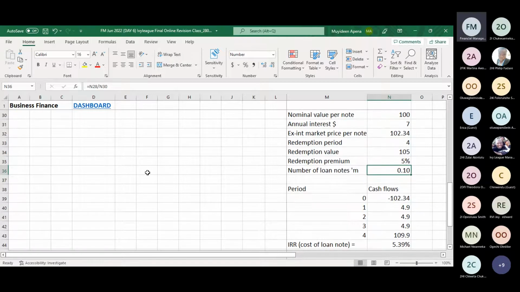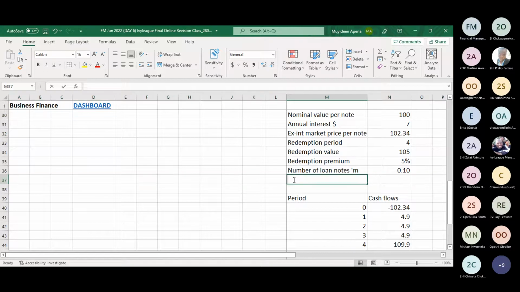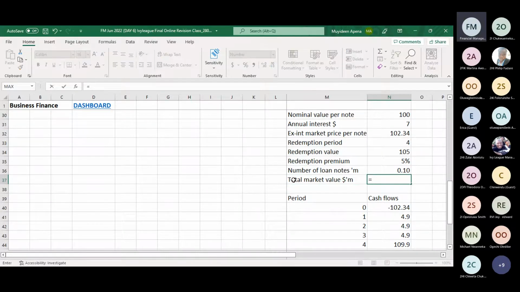So then we can calculate the total market value in million dollars, which is equal to 102.34 times the number of loan notes. So we have 10.23. Question on this?